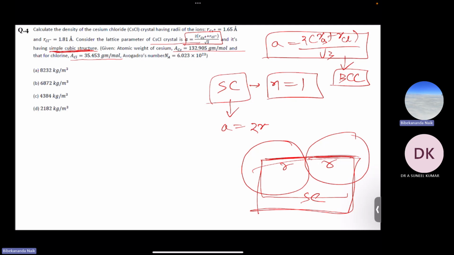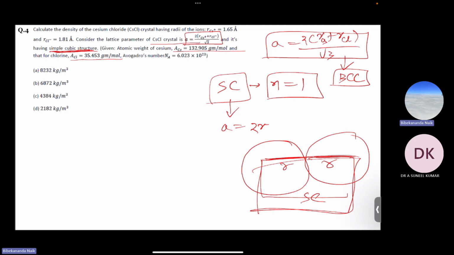It corresponds to BCC. There is one cesium atom and one chloride atom, so we have to take this relation of A. Here n equal to 1 is given because cesium chloride has a simple cubic arrangement, but in one corner it has cesium and in the other corners it has chlorine.